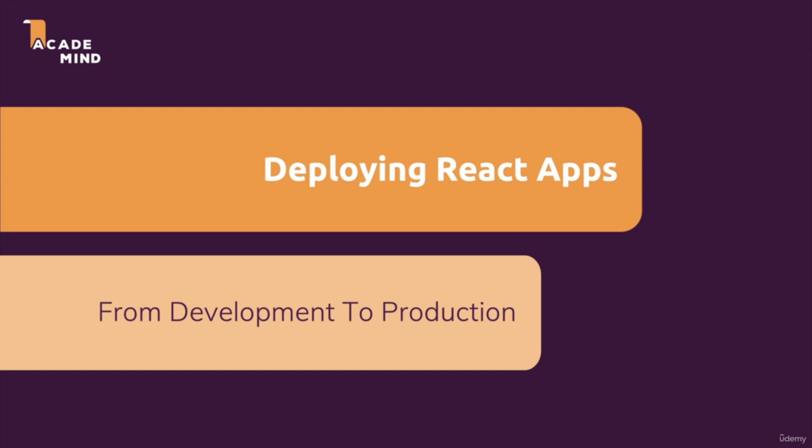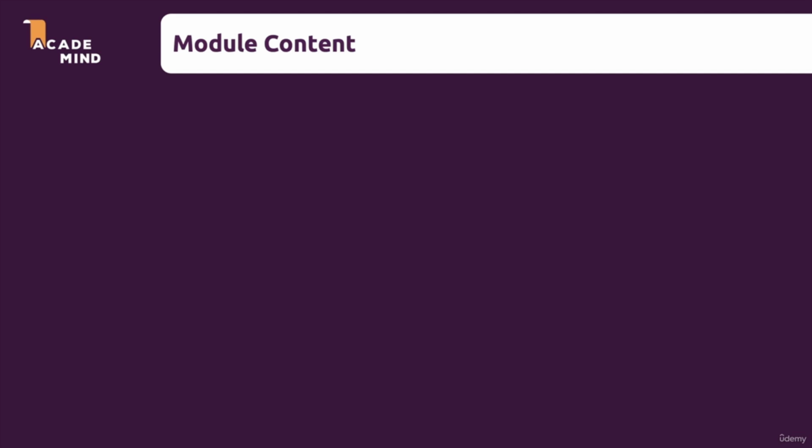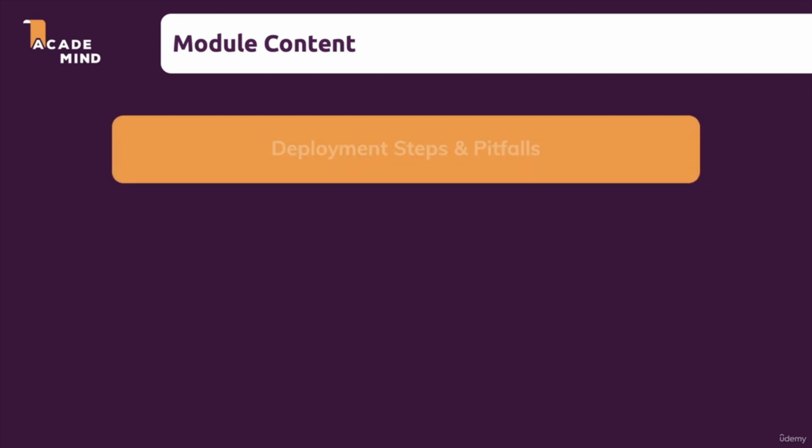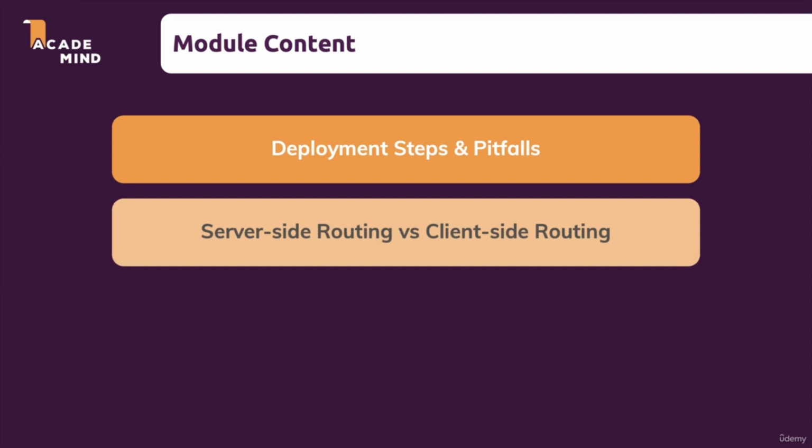Now for this, we are going to explore the different steps you have to go through as part of the deployment process and which pitfalls might await you. And specifically, we're also going to have a look at server-side routing versus client-side routing. And I'll explain what's up with that and why it is important.